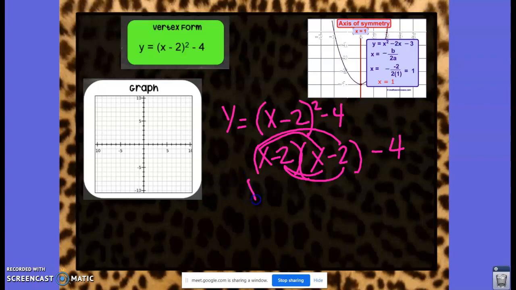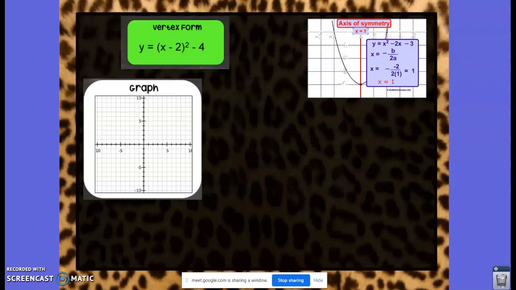So that's going to give me x squared minus 2x minus 2x plus 4, and then we have this minus 4 over here. Okay, so now we can just combine like terms.